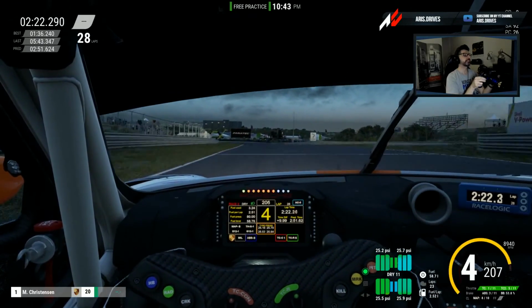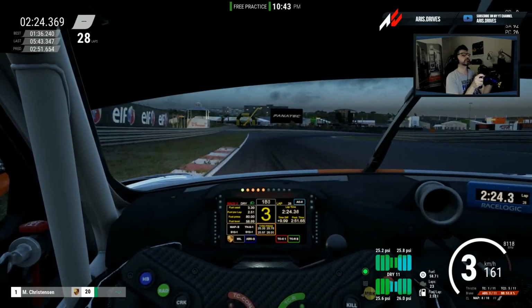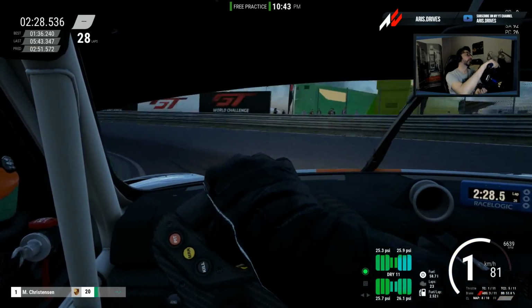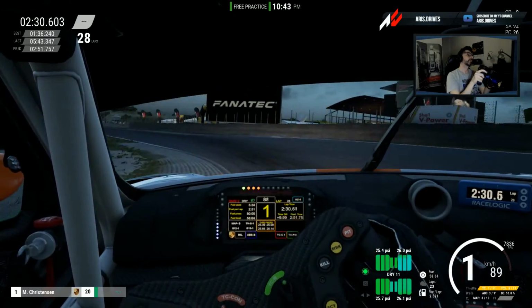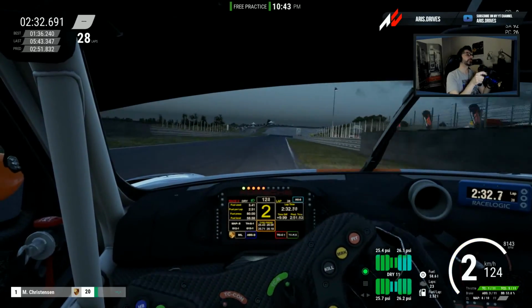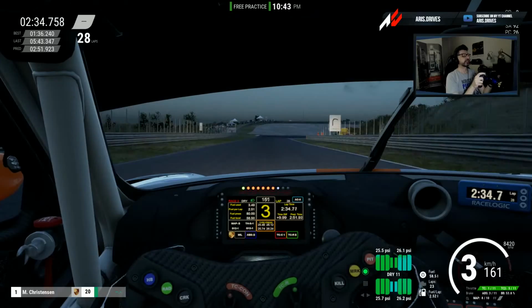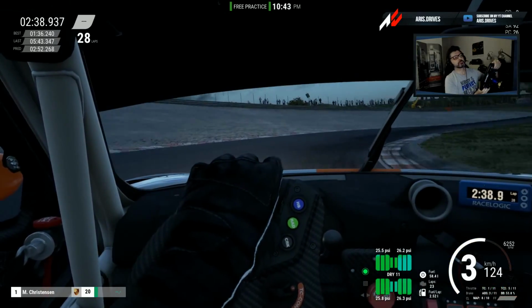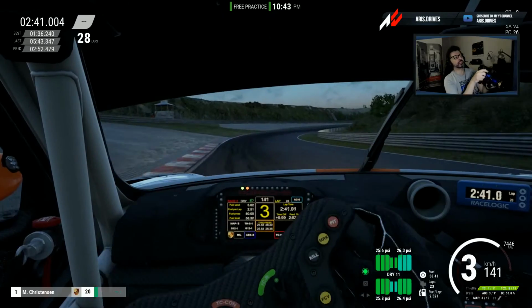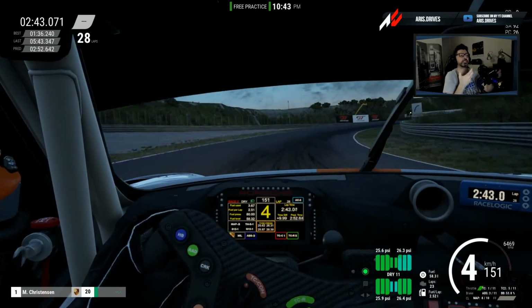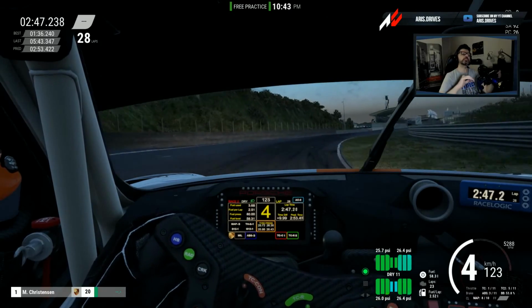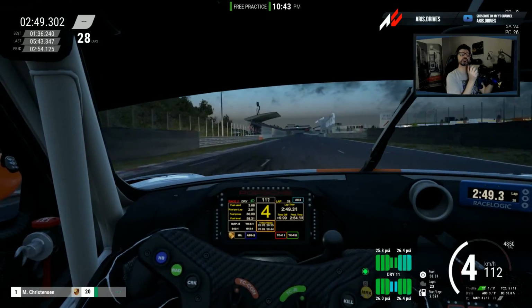Let's try this again. Look how smooth the oversteer is. Again, once more. We even have some understeer, you see? Now, why is that? Because right now, traction control 1 says, okay, let's wait a bit until the car starts to slide.